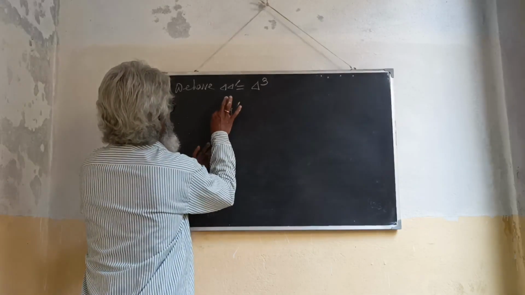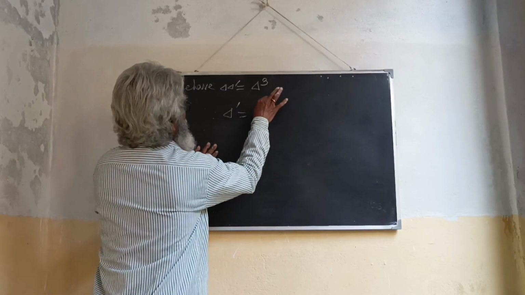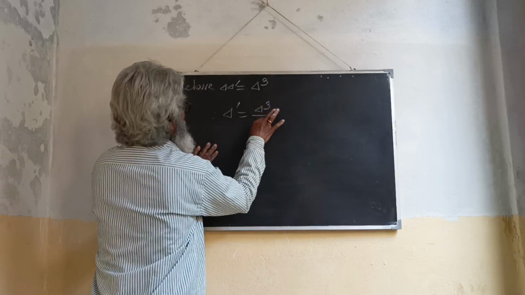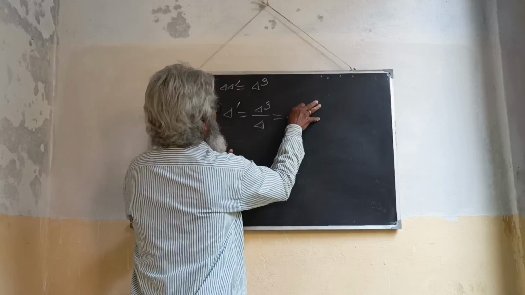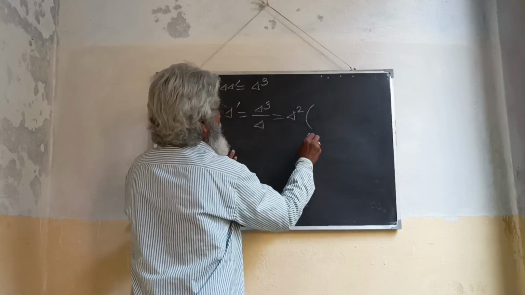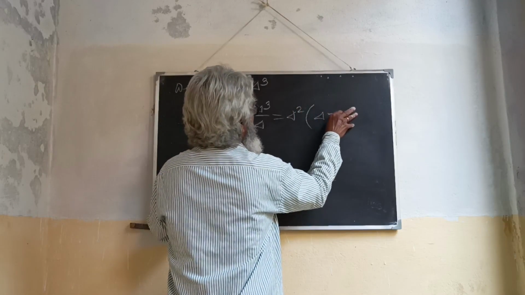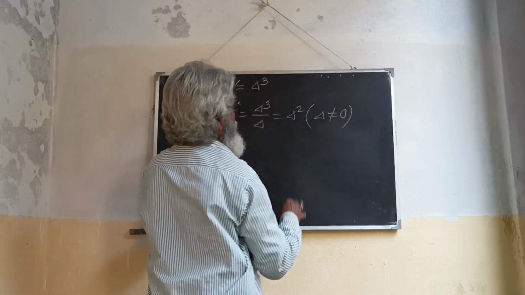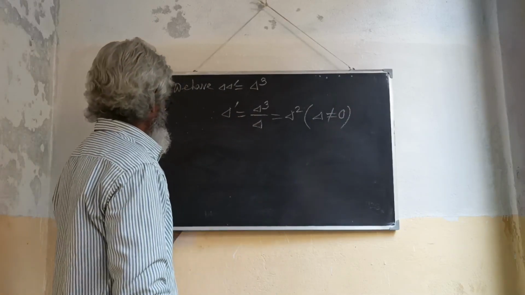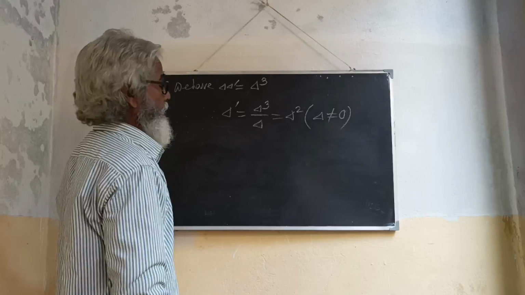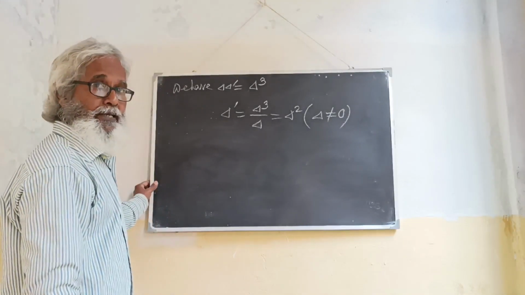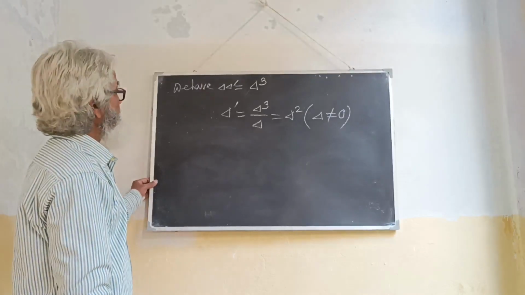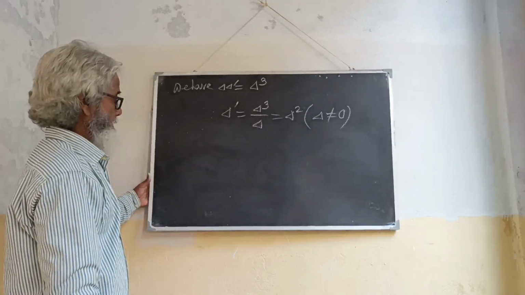Therefore, delta dash equal to delta cube by delta, equal to delta square, provided delta not equal to 0. So this is the main property of the adjoint of a determinant, the most important property.